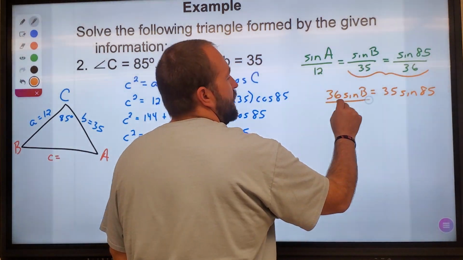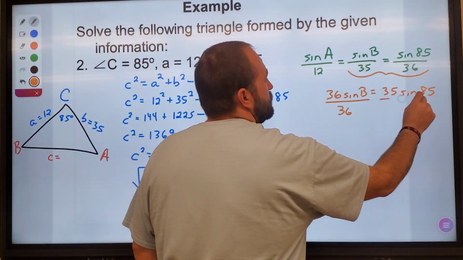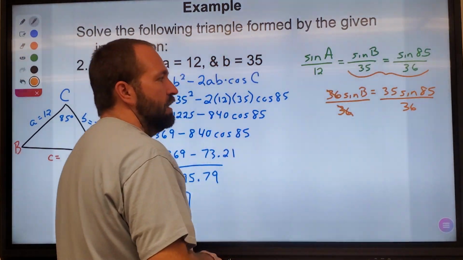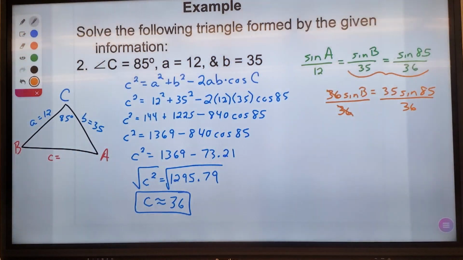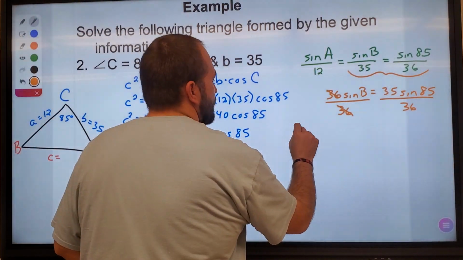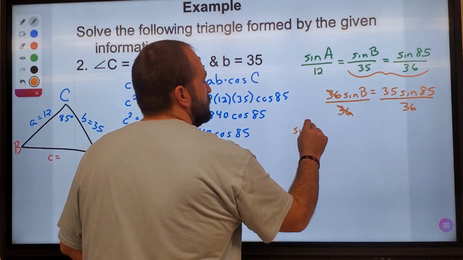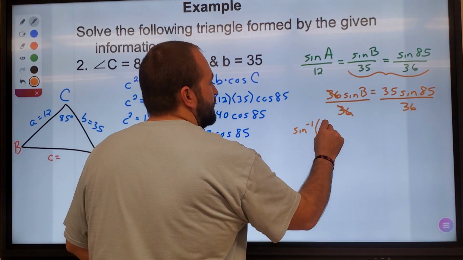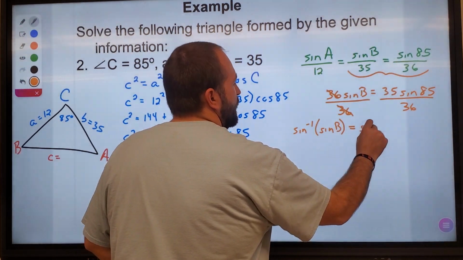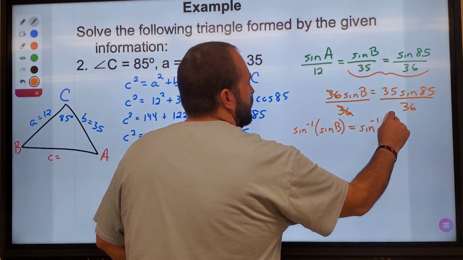I'm going to divide both sides here by 36. Okay, and again, we have that sine on that angle B, so we cannot just divide by sine. We have to take the inverse. So I have inverse sine of the sine of B is equal to the inverse sine of this stuff.